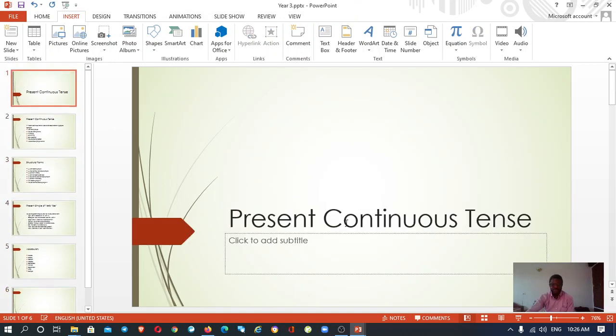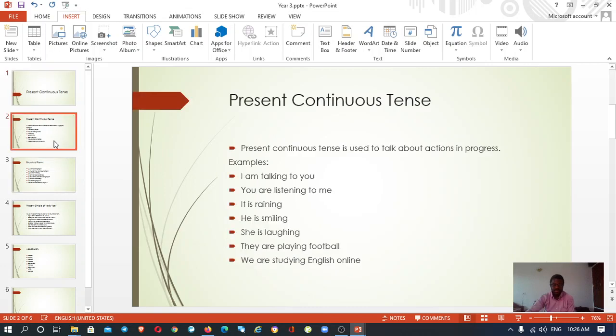The present continuous tense is used to talk about actions in progress. Actions means the verbs in progress. So when we talk about present continuous tense, we have to be talking about the verb in progress.